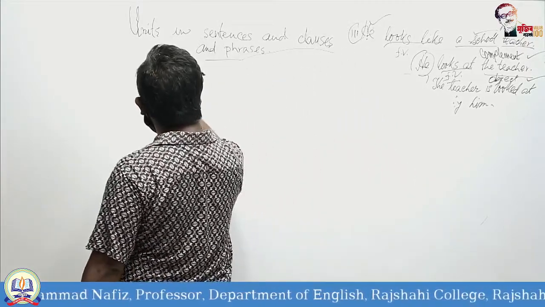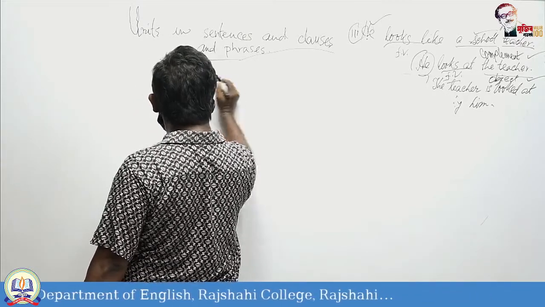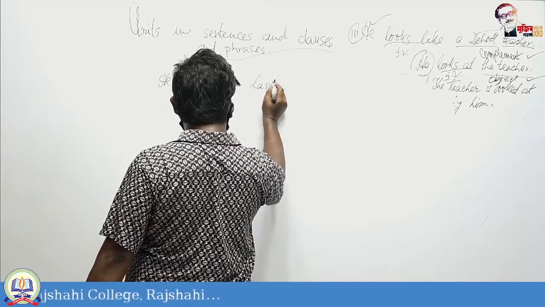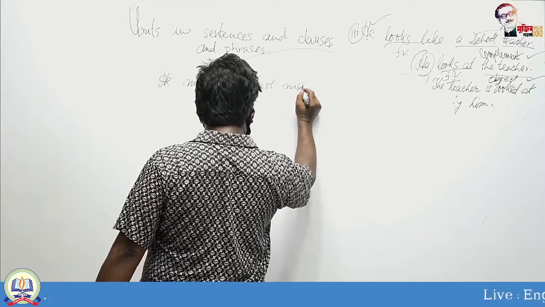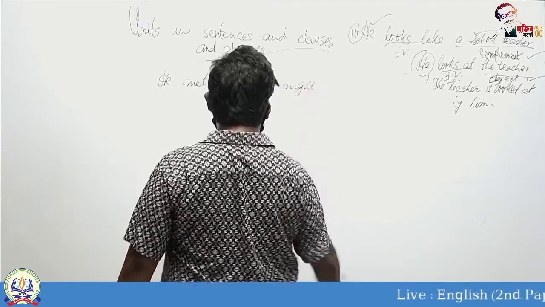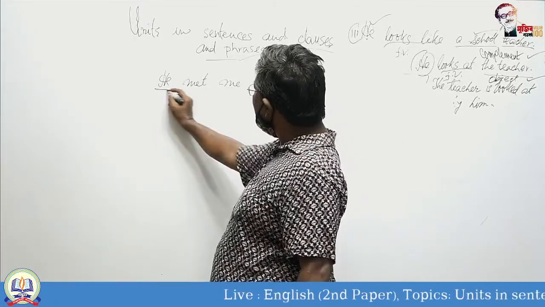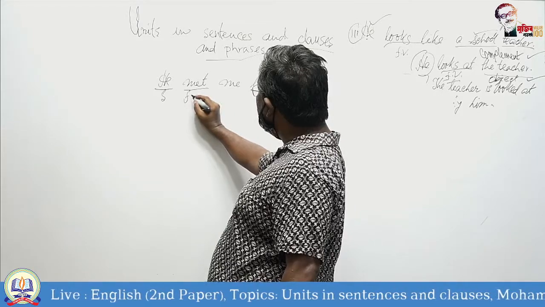For example, he met me last night. We have four different units in this sentence. He is the subject, met is the finite verb.